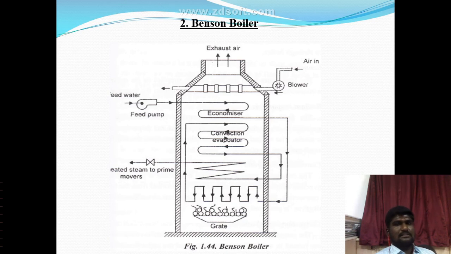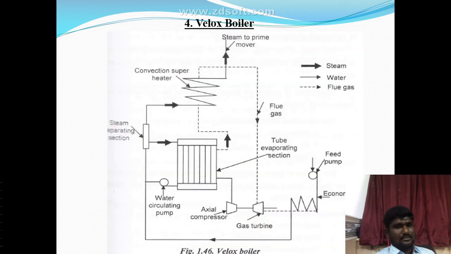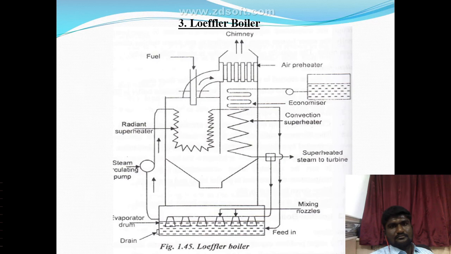We discussed that, right? Then there is the Loeffler boiler, and another one called the Velox boiler. In the Loeffler boiler, the evaporating drum is at the bottom of the boiler and it is drained out. We use the steam circulating pump and radiant superheater.